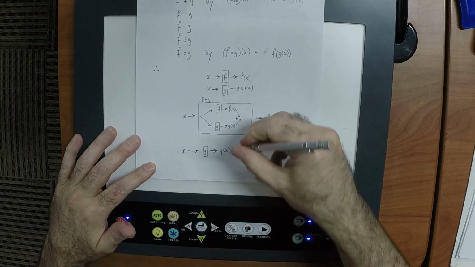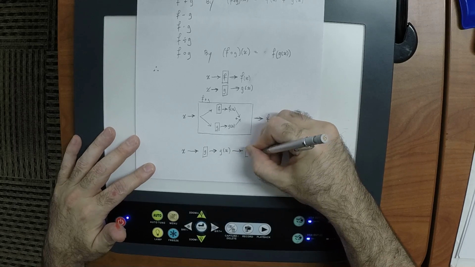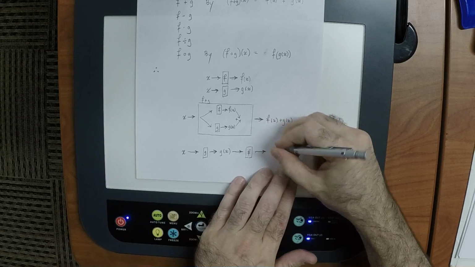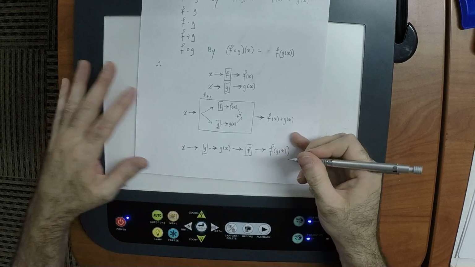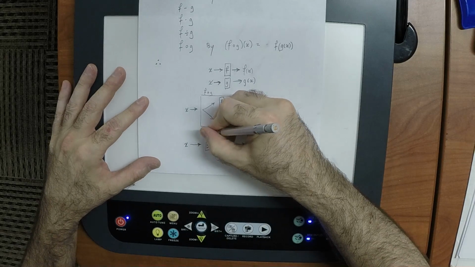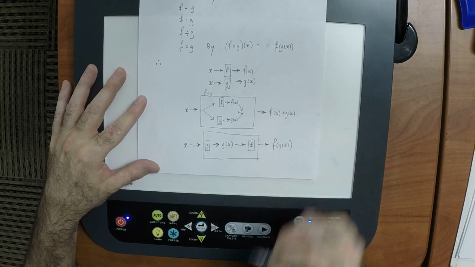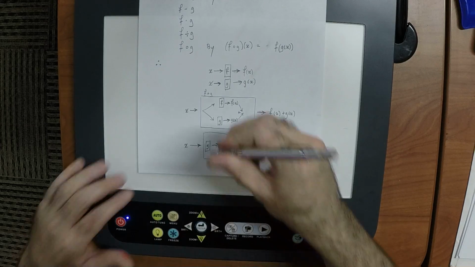And then that itself goes to the f machine, and out comes f of g of x. Now, covering all this up in a big box, the name of that big box is what? f composed with g. That's what it is.